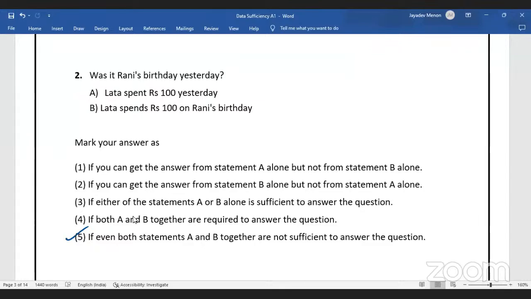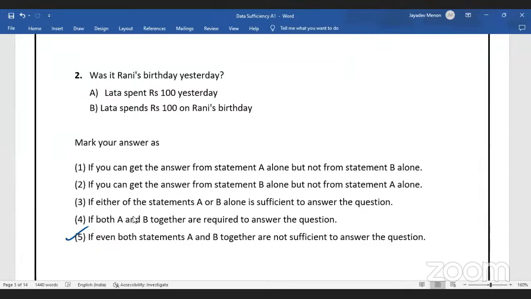Leda can spend for other purposes also. So if Leda spent 100 rupees yesterday, it may be for another purpose. So by using both statements together, it is not possible to confirm that yesterday was Rani's birthday.